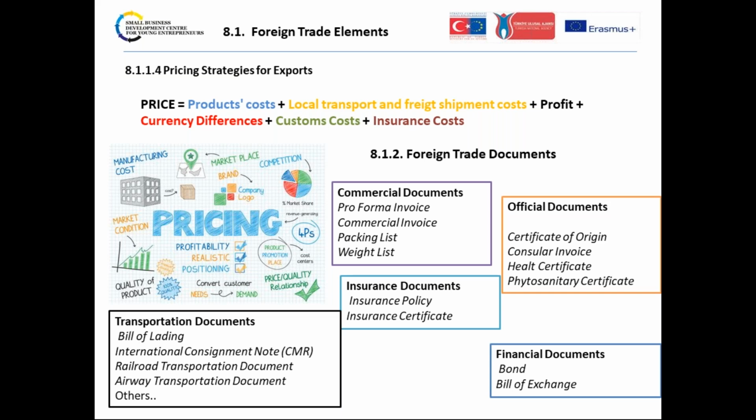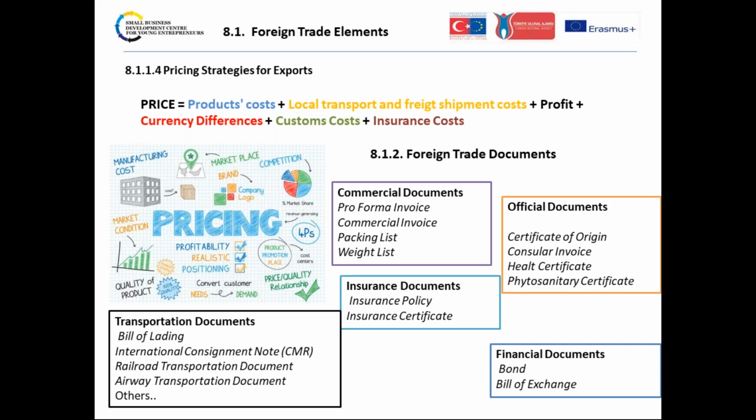And customs cost and insurance costs. As I told you, customs. You need to find the person who is going to deal with your export officially, and then you are going to pay him or her. And also, you need to pay any other official fees to your government. I mean, you need to pay your warehouse services.